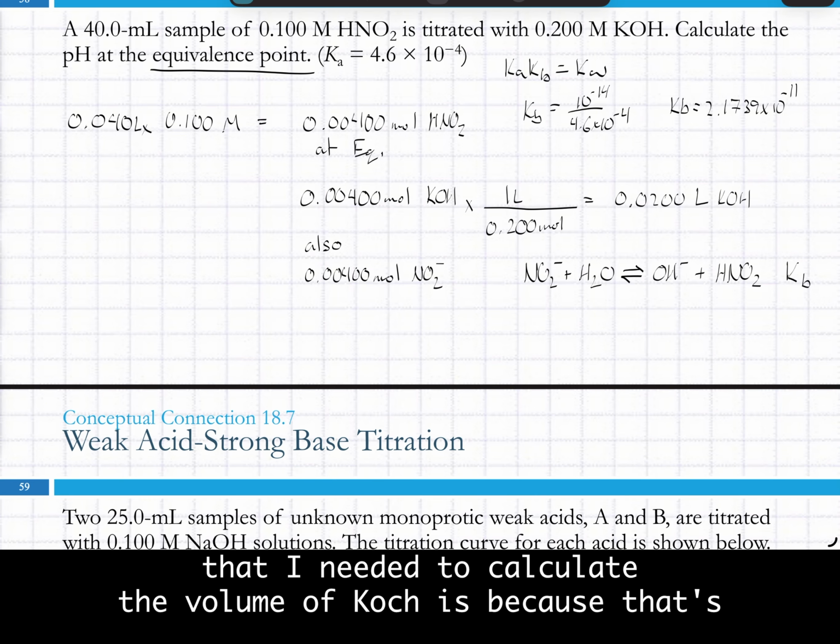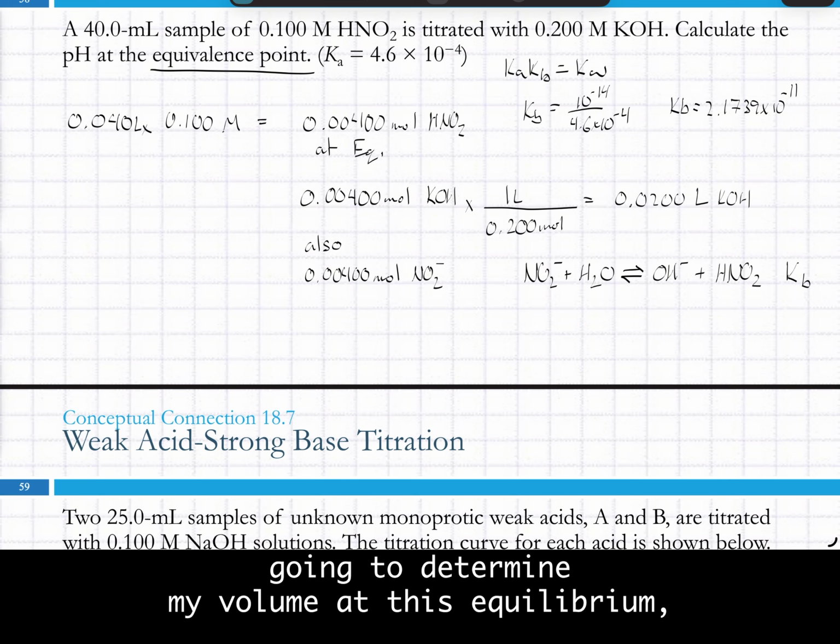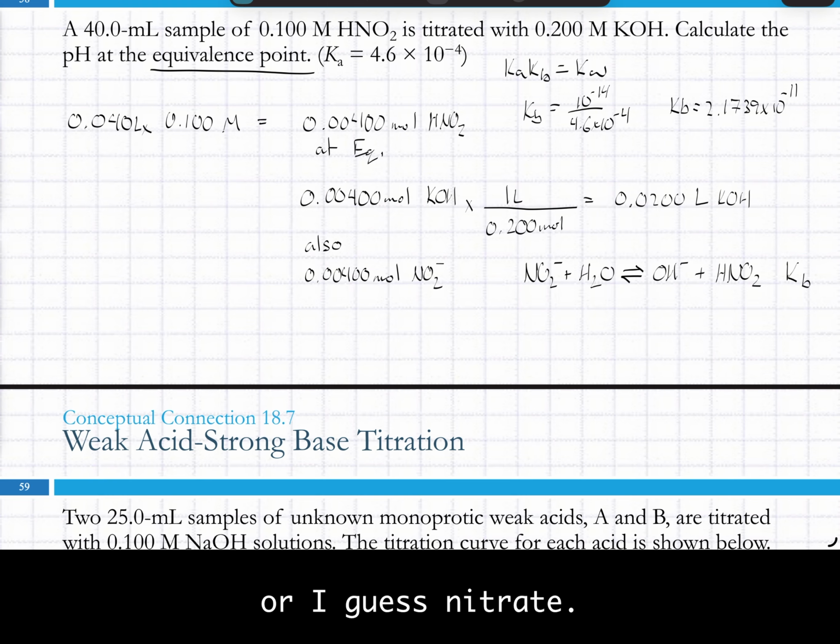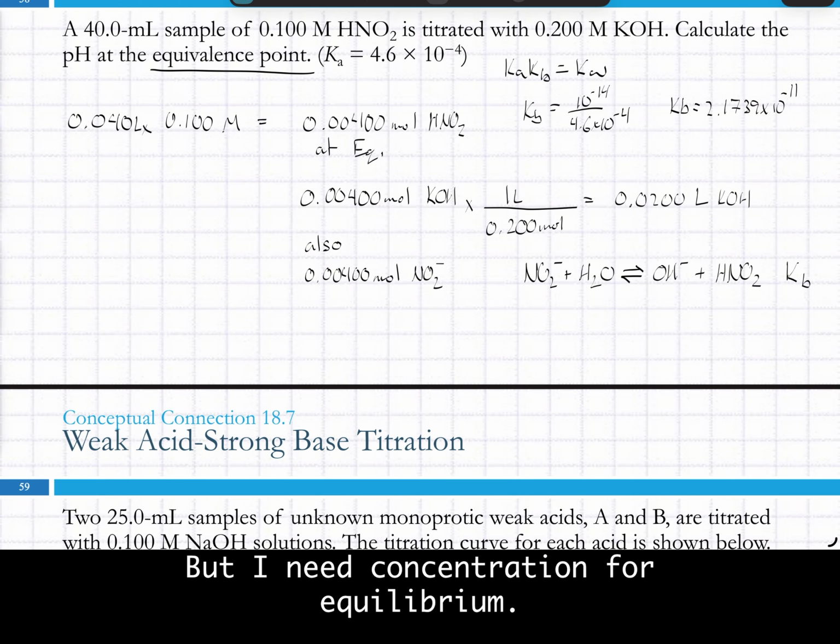And the reason that I needed to calculate the volume of KOH is because that's going to determine my volume at this equilibrium. Because I have 0.004 moles of nitrite, but I need concentration for equilibrium. So 0.004 divided by 0.06.